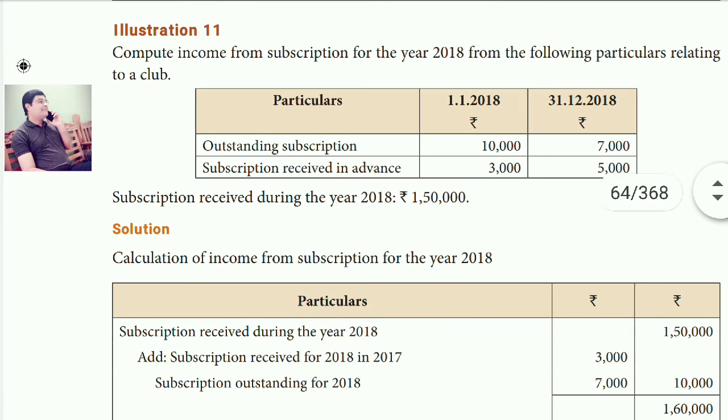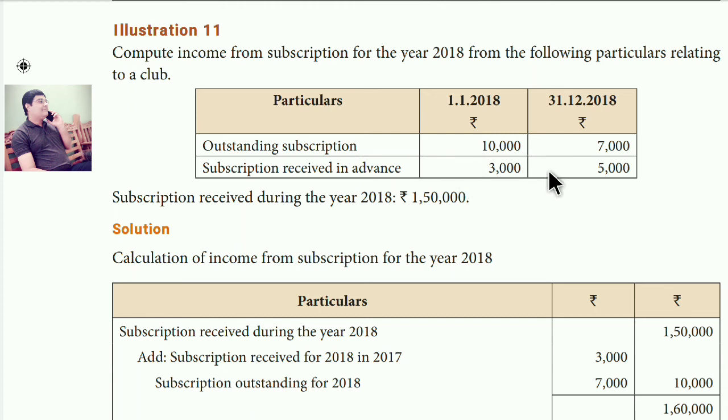Now illustration 11, which is very easy and very important. Compute income from subscription for the year 2018 from the following particulars relating to the club. Simply you can remember: outstanding expense, outstanding subscription, minus plus, plus minus.